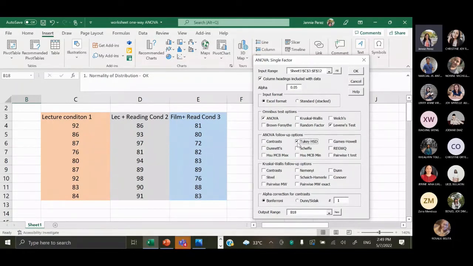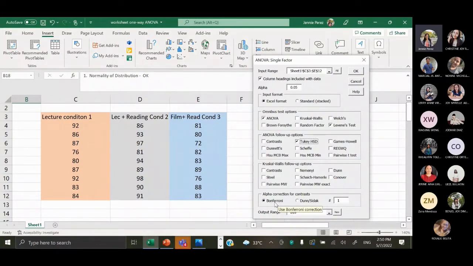The Tukey HSD is used if you have group sample sizes that are equal. So para-pareho ng size ng sample. Or like this one, they are all 9 students per group condition.